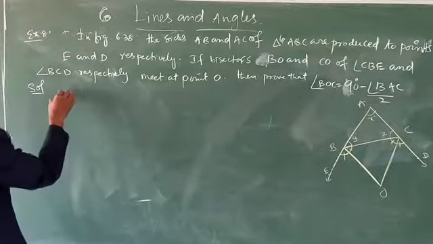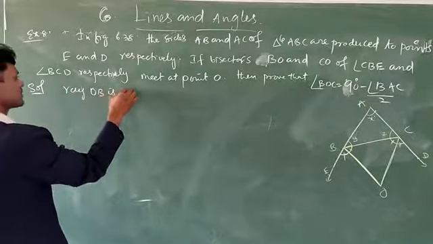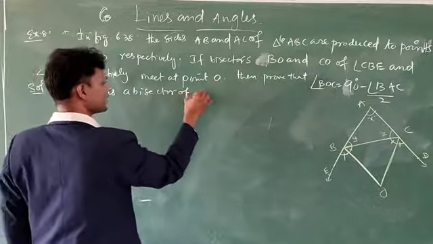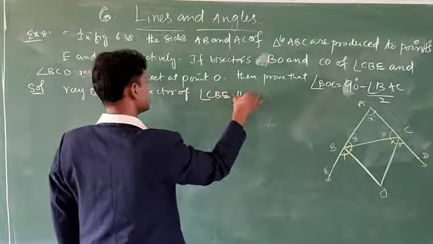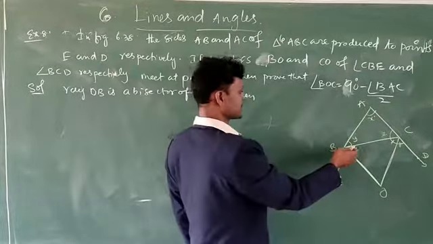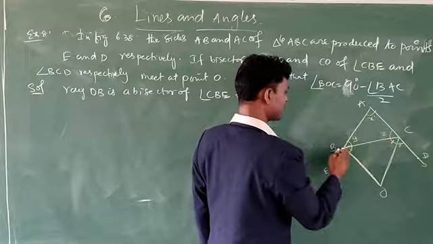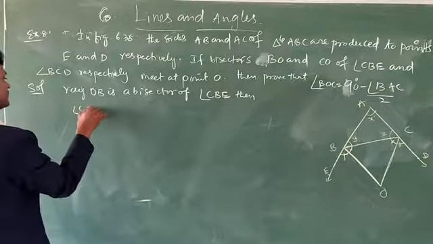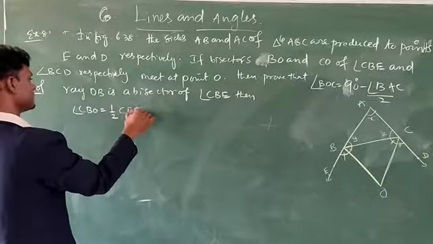Solution. Here ray OB is a bisector of angle CBE. Then this angle is equal to this angle. That's why angle CBO is equal to half of angle CBE.